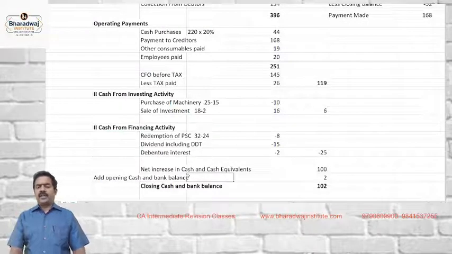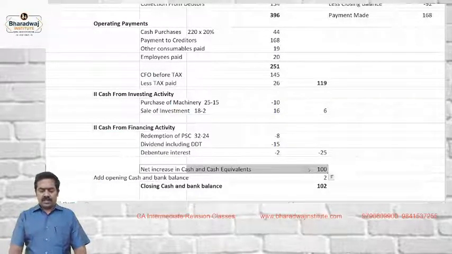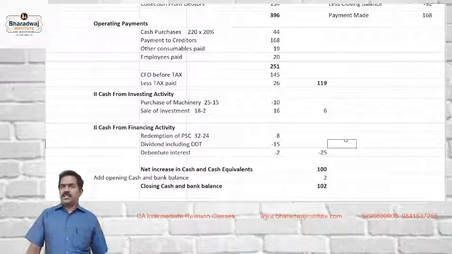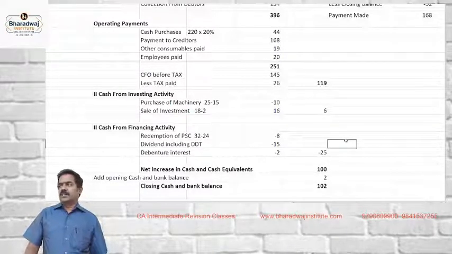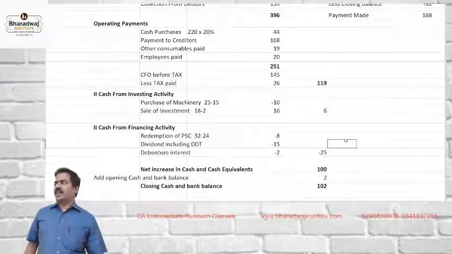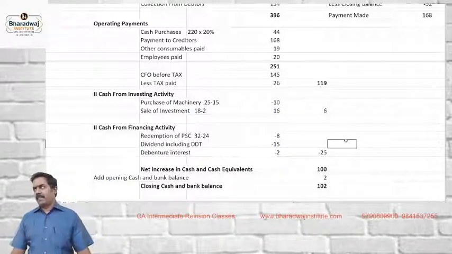So when we go for direct method, we are not bothered about non-operating items, non-cash items, okay, shares exchanged for assets or old shares redeemed with the new one, all those things. Actually, the question appears like a lengthy one or a difficult one, but a simple one to solve.